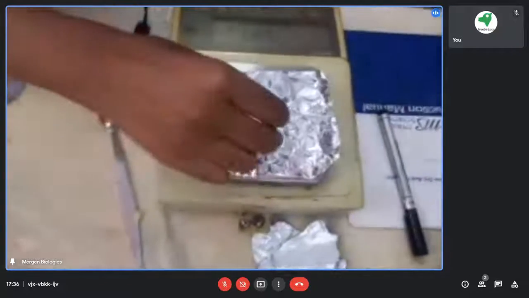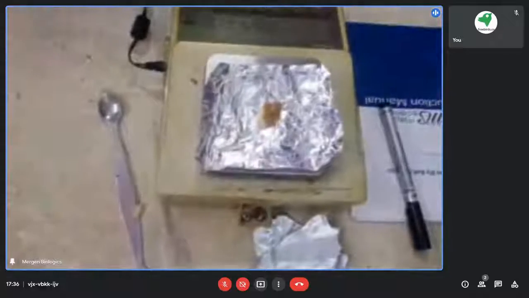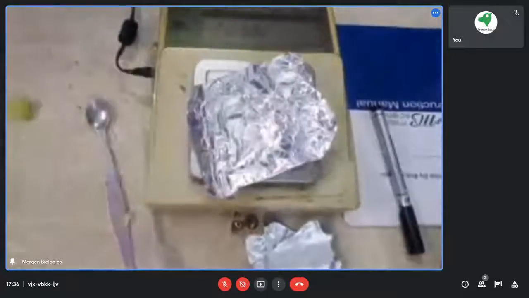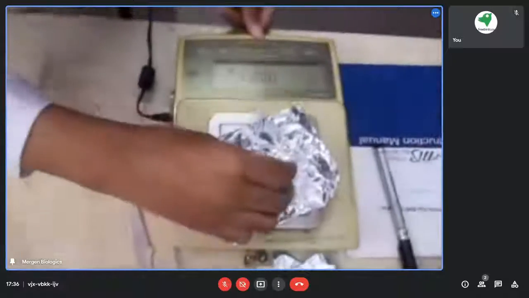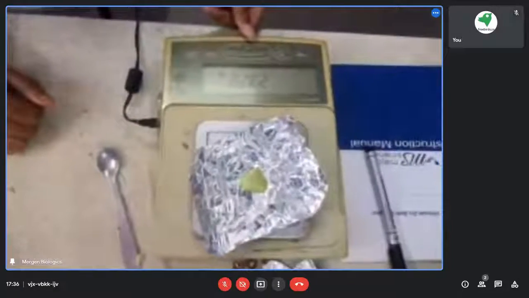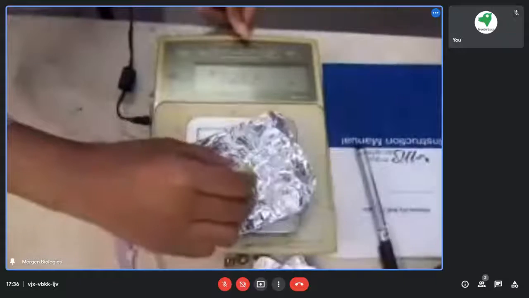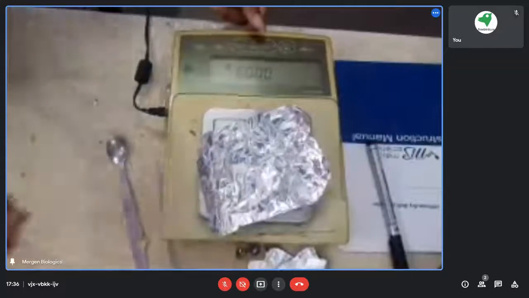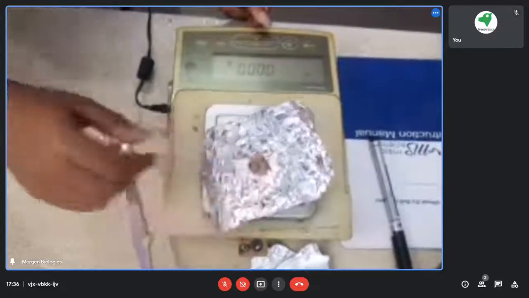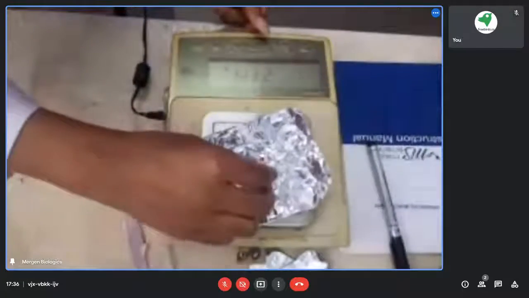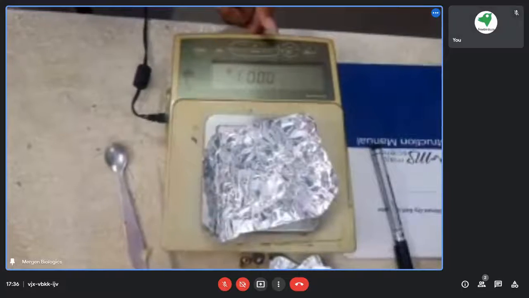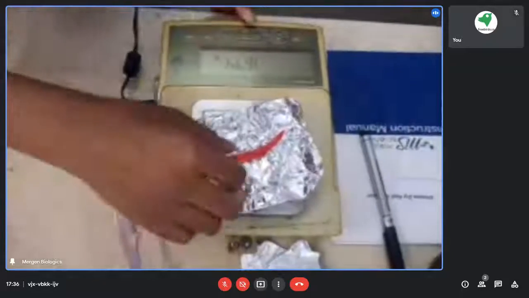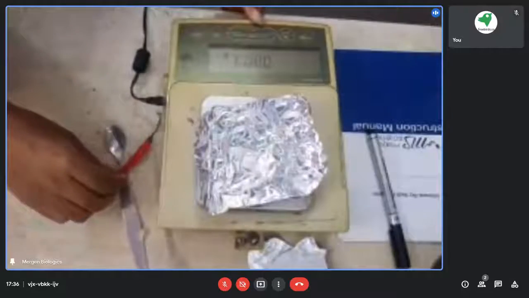I have already cut them according to the size I want. So this is also 2 grams. This is slightly over 2 grams, but it's almost 2 grams. This is slightly less than 2 grams, but I think that will do.